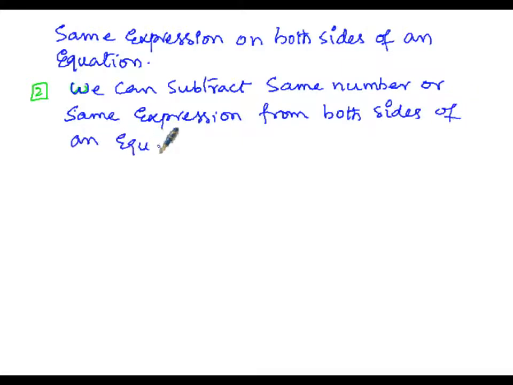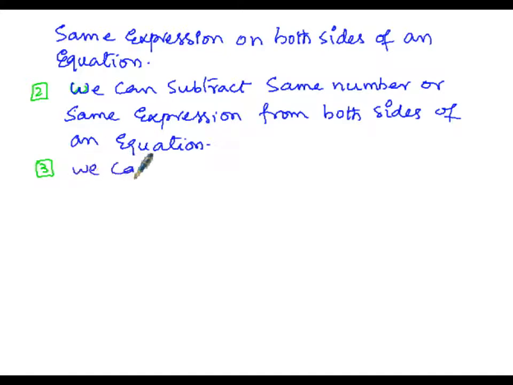So in order to solve the equation, or to find the value of the variable present in an equation, we can add the same number on both sides of an equation, or even add the same expression on both sides. Similarly, we can subtract the same quantity or expression from both sides of the equation.